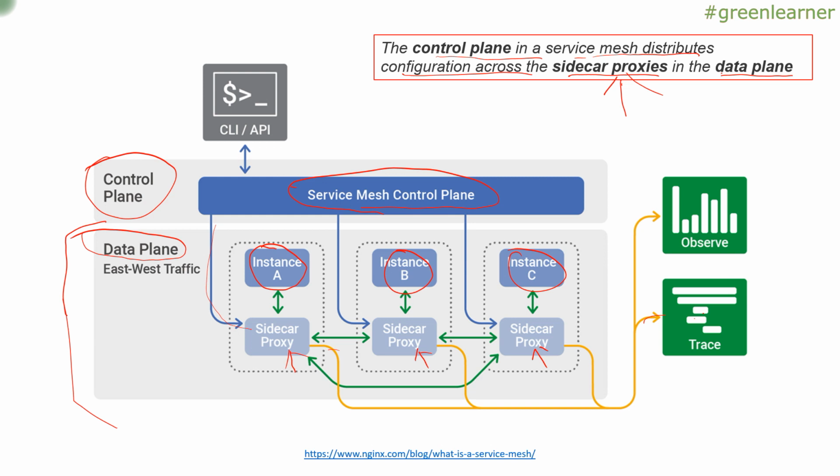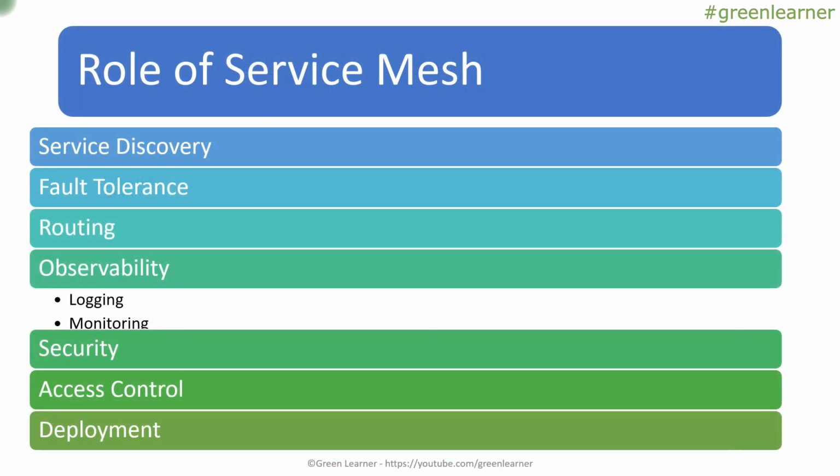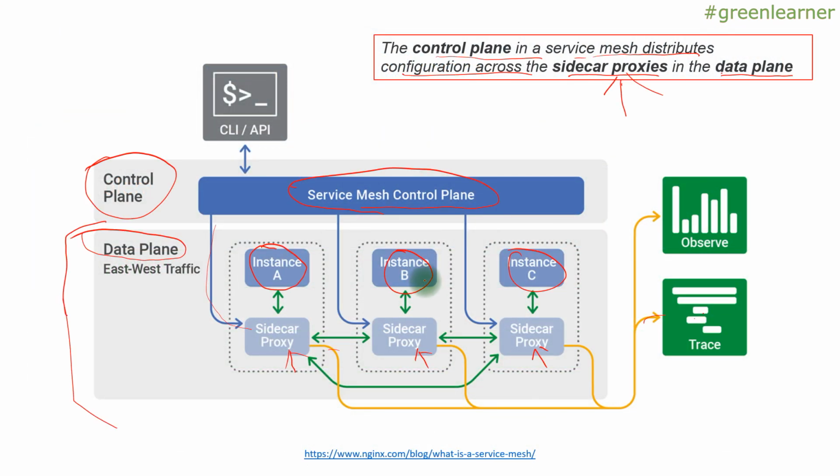So now we can summarize the role of the service mesh, how many things it can do. Let's see that. First of all, it is playing the role of service discovery, because a particular instance doesn't have to take care of it, it just has to say that it has to call this particular instance, right? And how to call those is taken care of in the sidecar proxy.